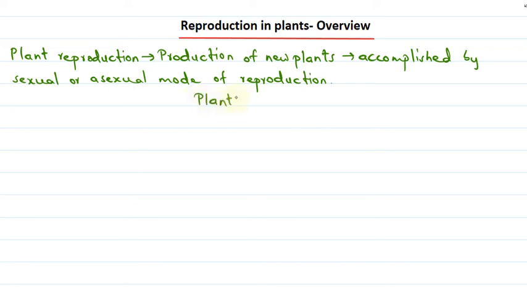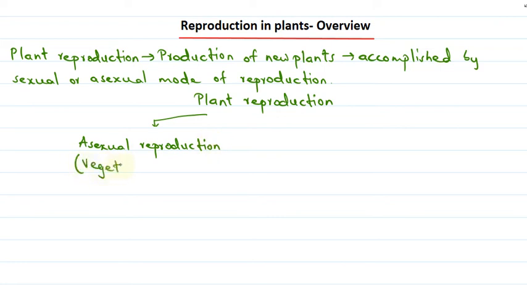So here if we say it is plant reproduction, we can say that plant reproduction takes place by two means. One is asexual reproduction taking place in plants. This is also known as vegetative propagation.